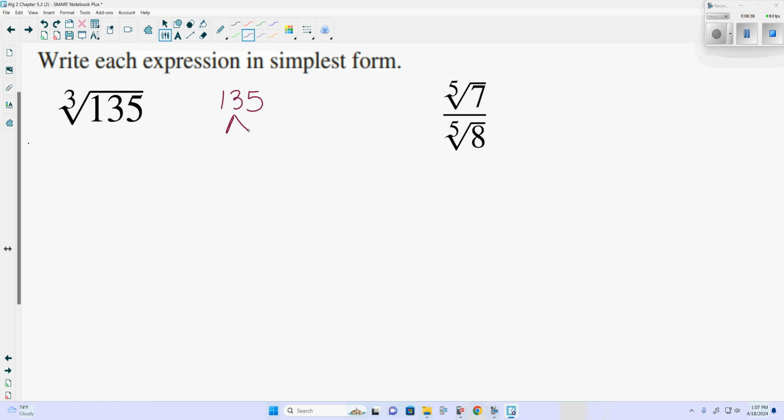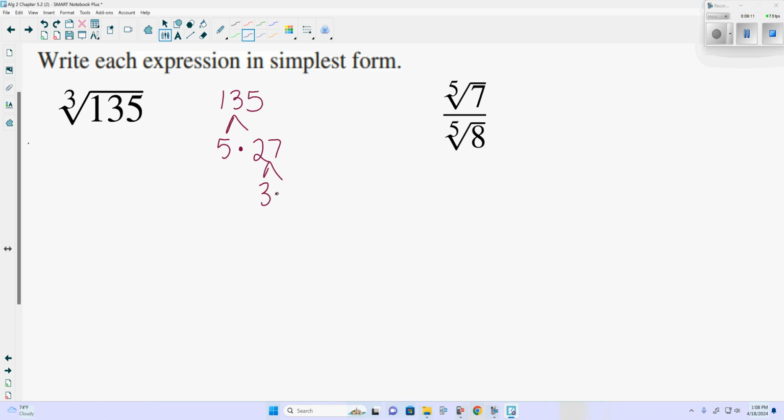So what is one of our factors, or numbers that goes into 135? 5. It would be 5 times what? We can just divide 135 by 5, because 5 times 27 is 135. 5 is prime. What's one of our factors of 27?